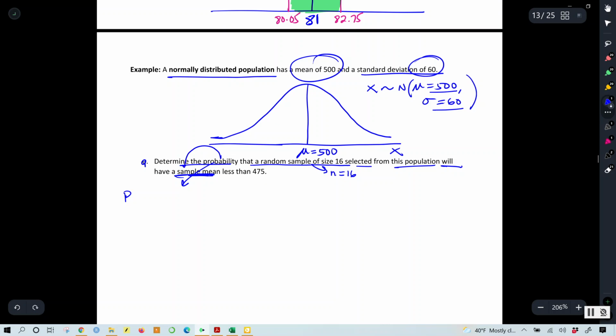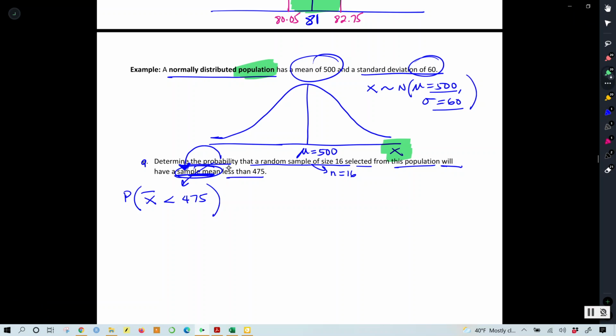So this is a probability concerned with the sample mean, which is represented by x bar, being less than 475. What I will first notice is that this is the sampling distribution of the entire population, not a sampling distribution of the sample mean.